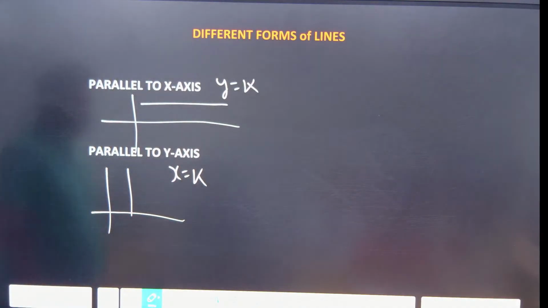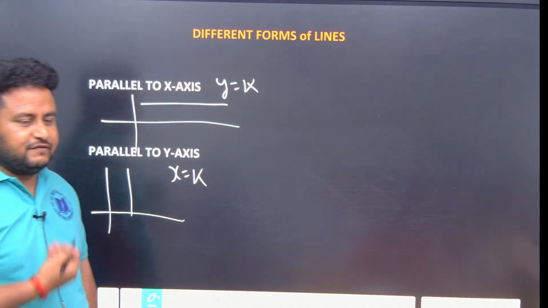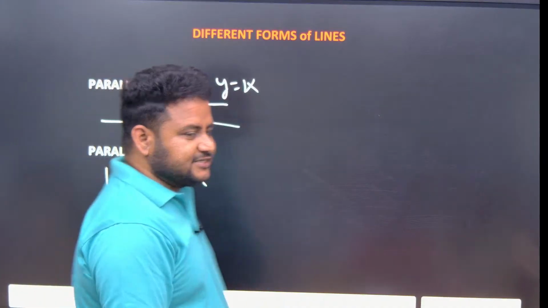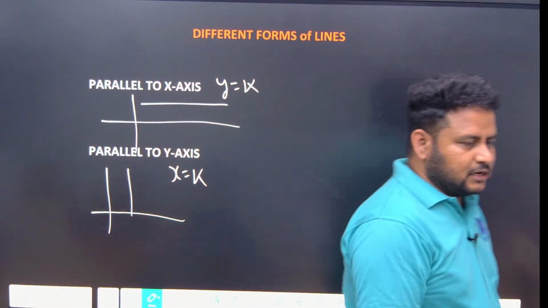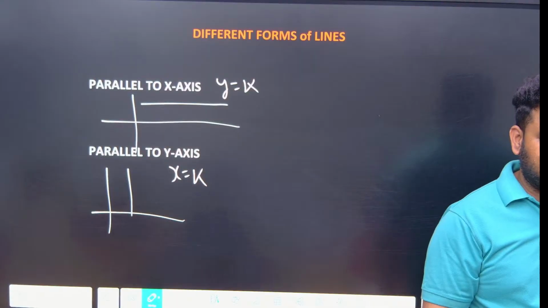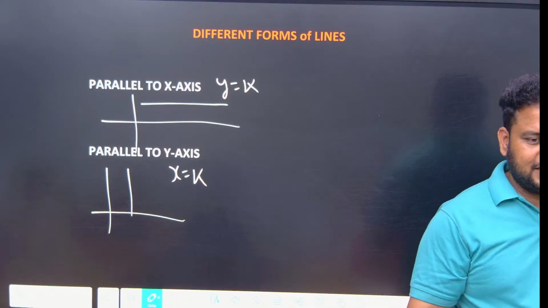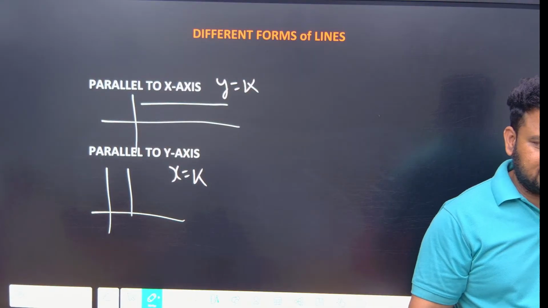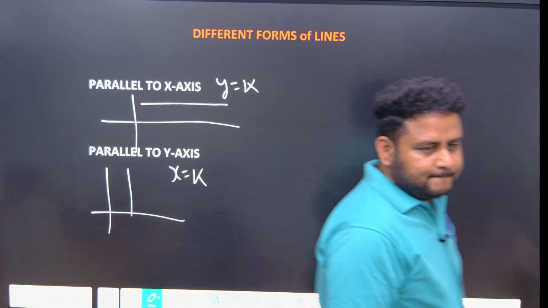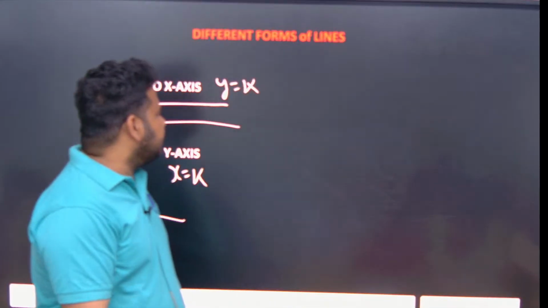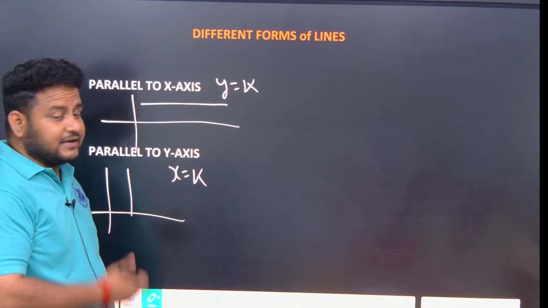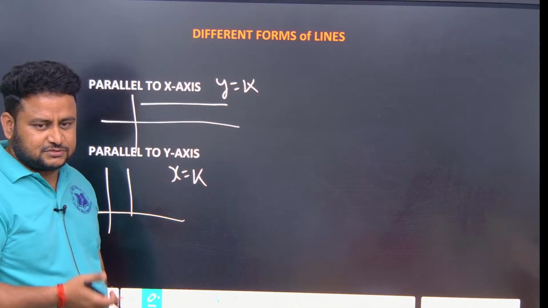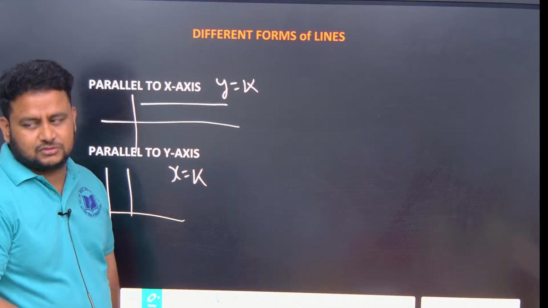Here k is some numerical value, it can be 2, 3, minus 2, anything. So parallel to the x axis means y is equal to k, and parallel to the y axis means x is equal to k.